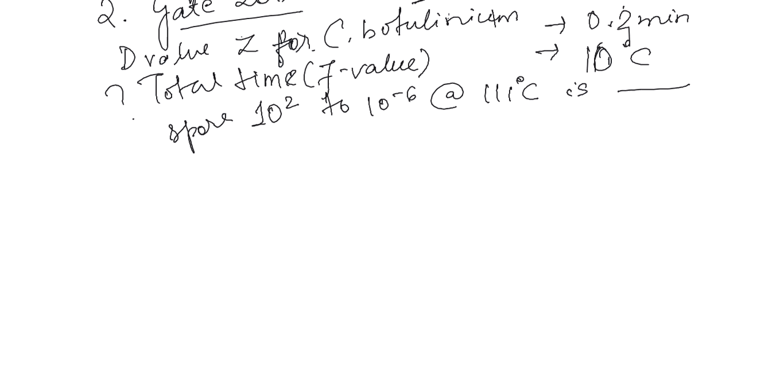The D value and Z value for Clostridium botulinum are 0.2 minutes and 10 degrees Celsius. So let's find out the solution, how it goes. F value is the time taken to kill a particular population of microbes at a specified temperature, which we already know.